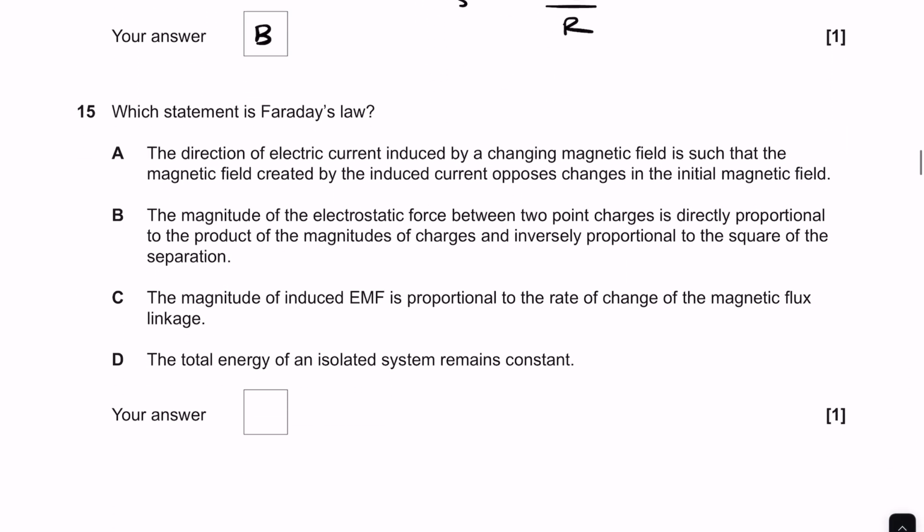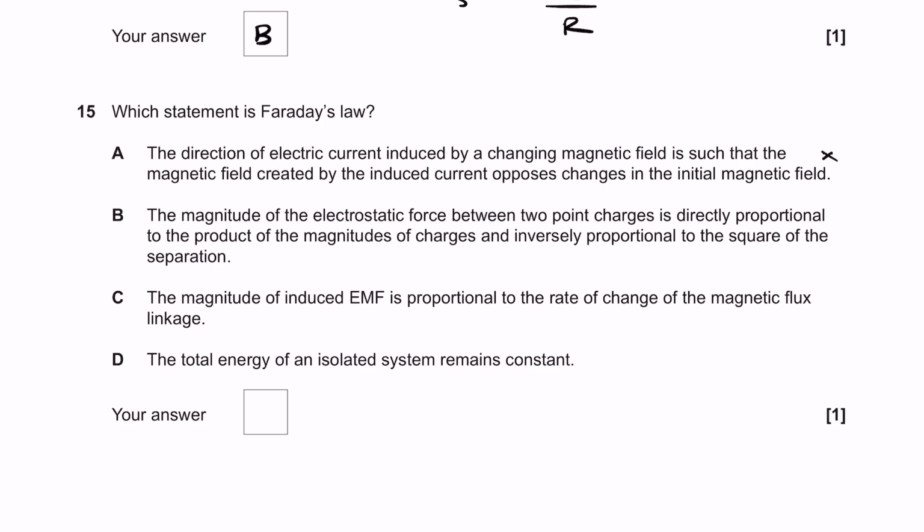Question number 15, it says, which statement is Faraday's law? A, the direction of the electric current induced by a changing magnetic field is such that the magnetic field created by the induced current opposes the changes in the initial magnetic field. No, very subtle differences, but that's not Faraday's law.